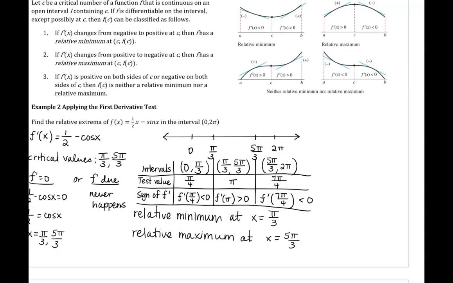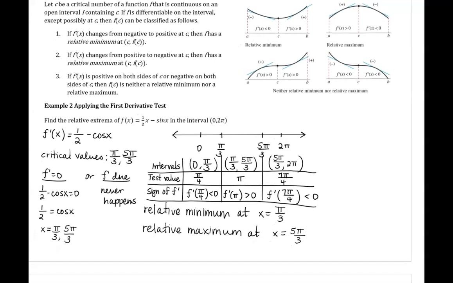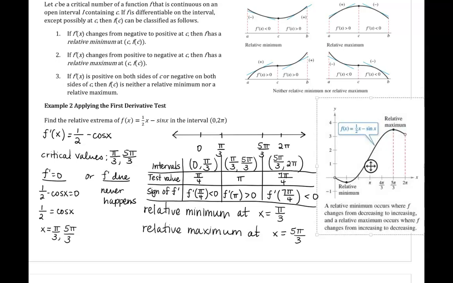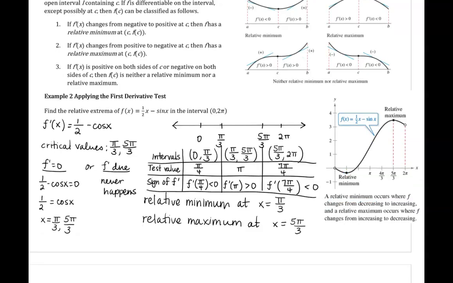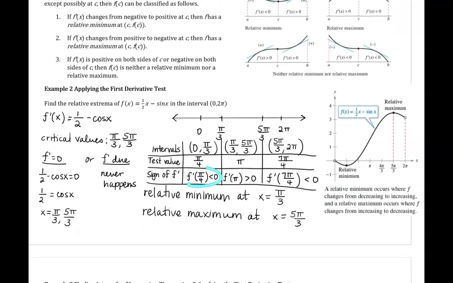So now we know the location of those relative extrema on this interval, as we can see illustrated by this graph here. Keep in mind, a relative minimum occurs when the derivative changes from negative to positive, which means that the function changed from decreasing to increasing.